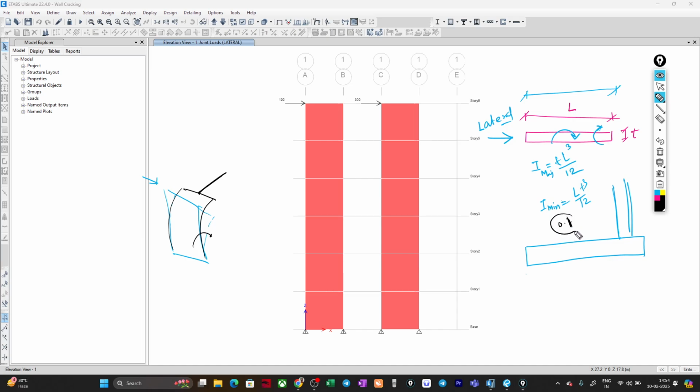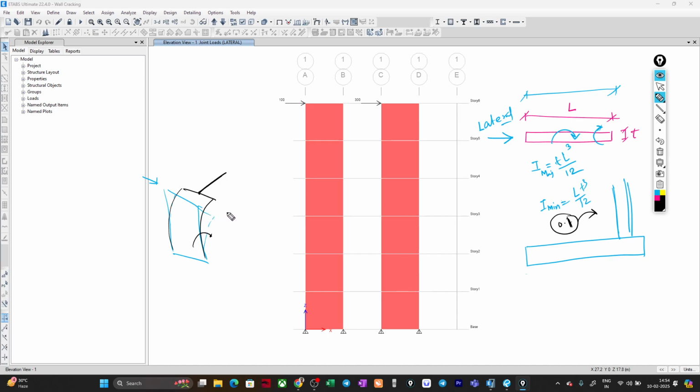So in that case, what will happen, the loads will be redistributed to those elements which are having out of plane stiffness higher than this particular one, right? Because when we are making it 0.1 times or 0.01 times the moment of inertia, it doesn't have much stiffness to take those out of plane loads, right?